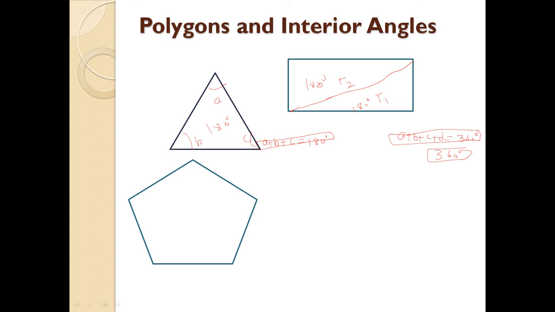Similarly, we have to find the sum of all the interior angles of a pentagon. How will we find it? We can convert this figure into one triangle and one quadrilateral. These are the four sides of this quadrilateral.